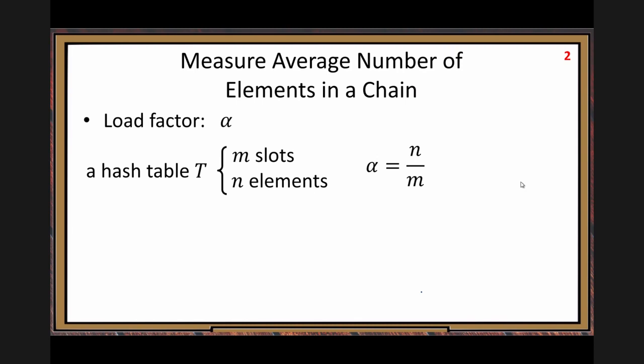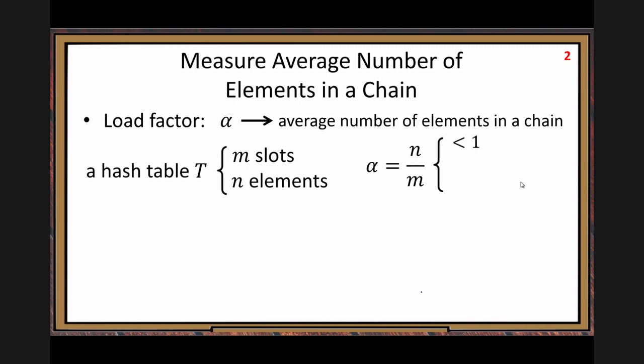You can get an idea how much loaded the hash table is. So the average number of elements in a chain, that's the measure, alpha.